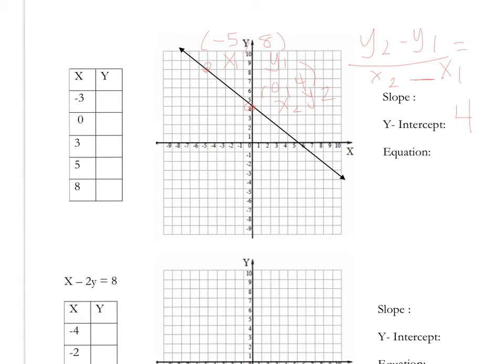So when I plug that in, I'm going to put 4 minus 8 over 0 minus -5. We're going to put that in our calculator. We're going to go home, go to new document.